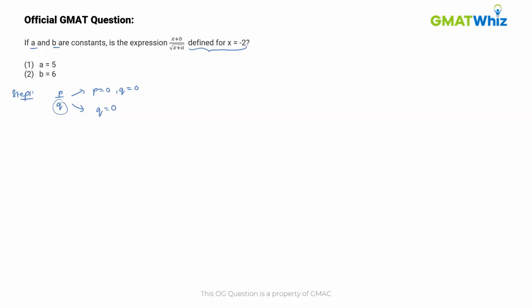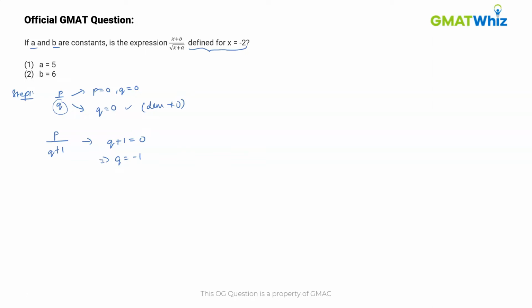Suppose I add a constant to the denominator, then the fraction becomes p by q plus 1. Using the same logic that the denominator should not be equal to 0, we have that q plus 1 should not be equal to 0. That means q should not take the value minus 1 for the fraction to be defined. So this is what the part of the question means.